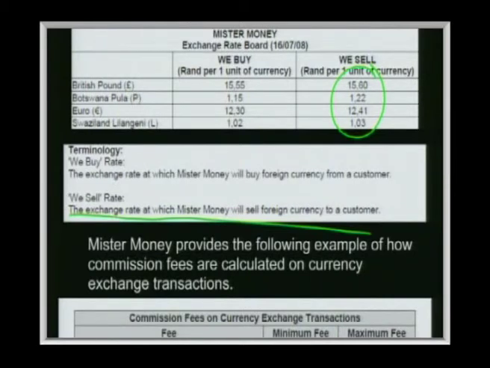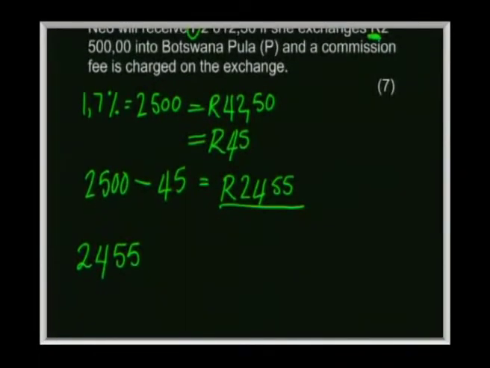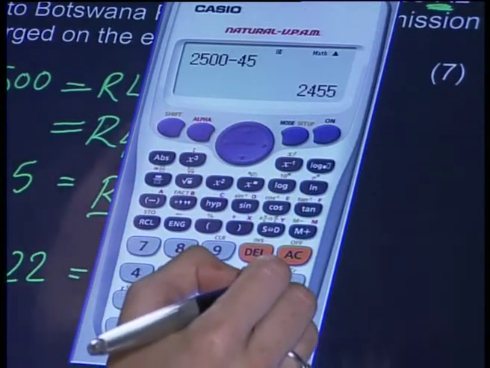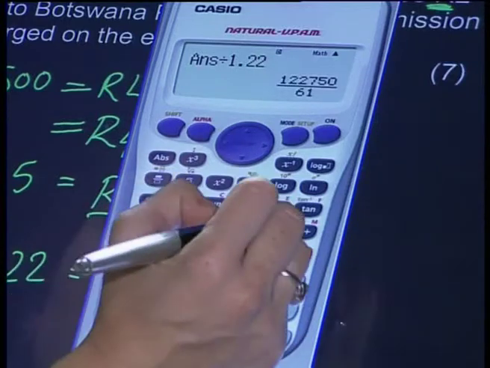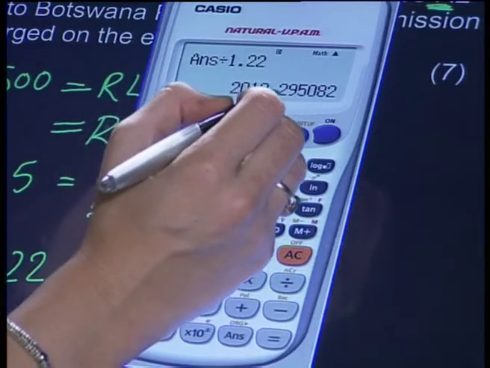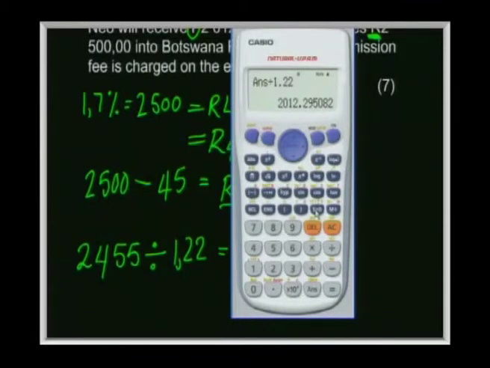And we're looking at the Botswana pula, which is 1.22. So let's go back down to our amount, and we've got 2,455. We divide by 1.22, and let us have a look what we've got. 2,455 divided by 1.22 equals, and let's change that, 2012.295, and we can round this up to 30.